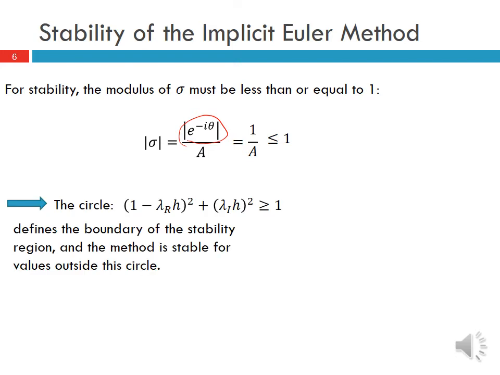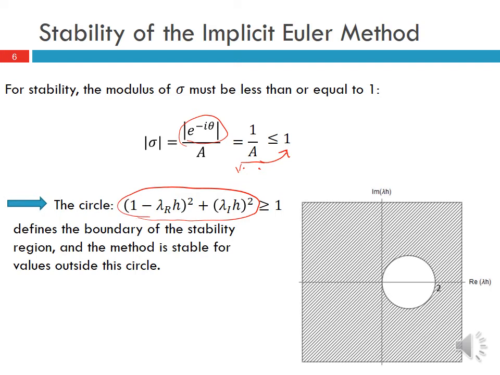So the circle, defined by the values in a, defines the boundary of the stability region, and the method is stable for values outside this circle, because you can see if we plugged in what our value for a was here, which was the square root of these values, and then square both sides and bring this here, we get that this needs to be greater than or equal to 1.